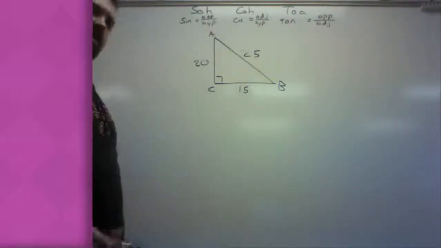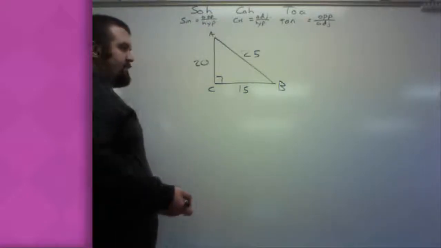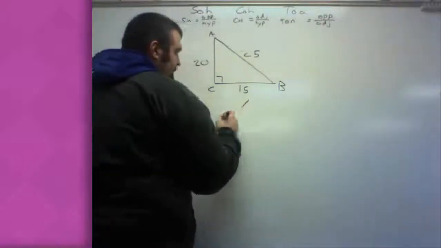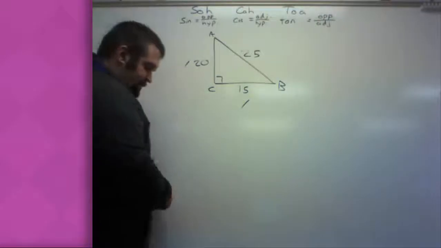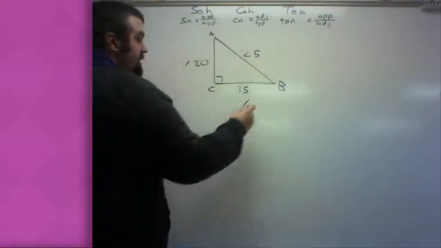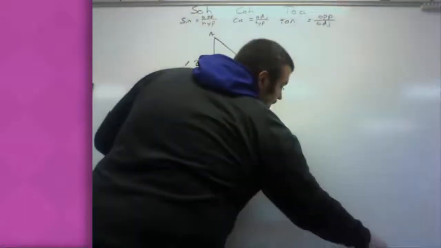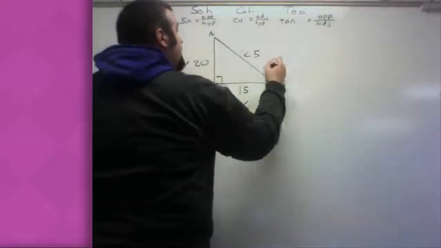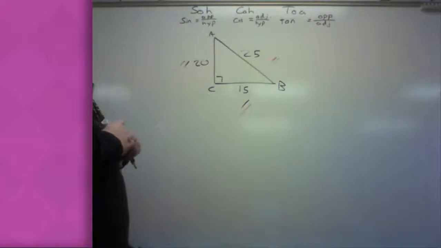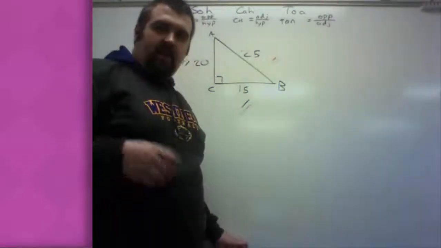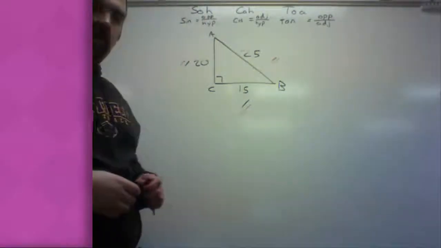Well, there are three ways to organize the information. I could use this side and this side, or this side and this side, and last but not least, this side and this side. So there are three ways to use the sides of a right triangle in ratio form.